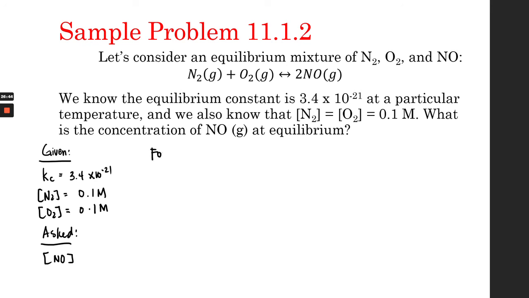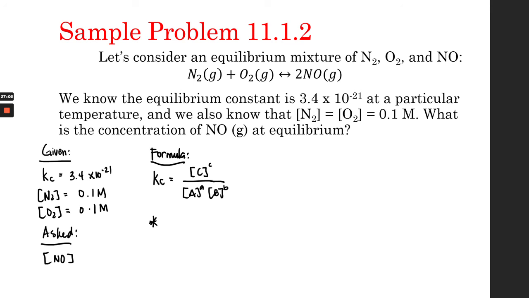And the formula that we have to use is the same formula. We have Kc is equal to the concentration of C raised to c over the concentration of A raised to a and B raised to b. Okay, so before we solve this, let's look at this Kc.